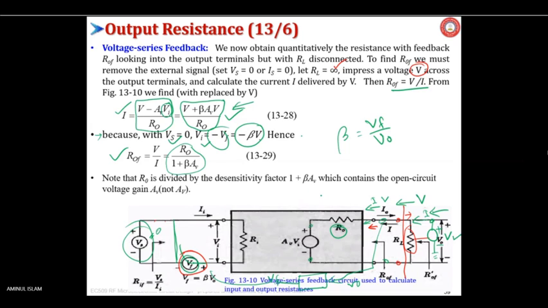Can you write? Yes, sir. Okay, good, so you are understanding the mathematics also. So this can be written as RO by D also. ROF equals RO by D, where D is the desensitivity. Yes or no?